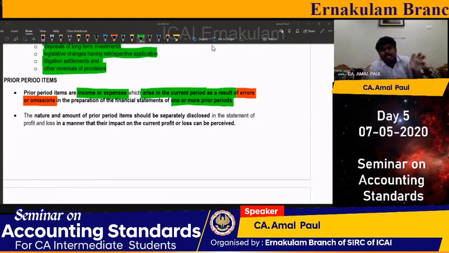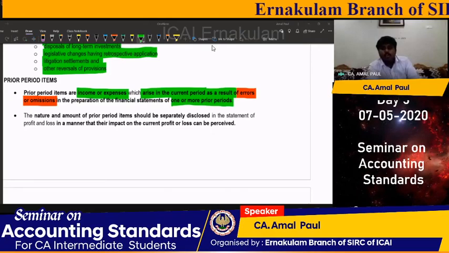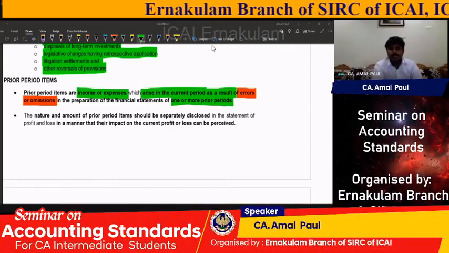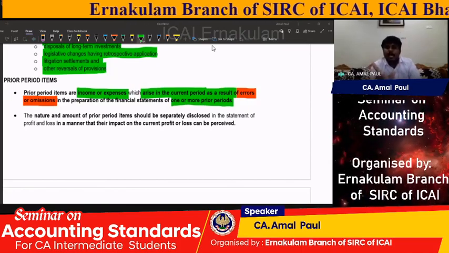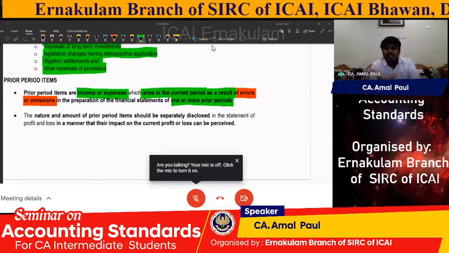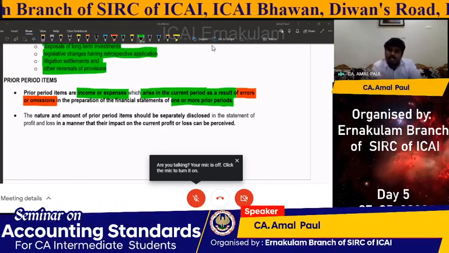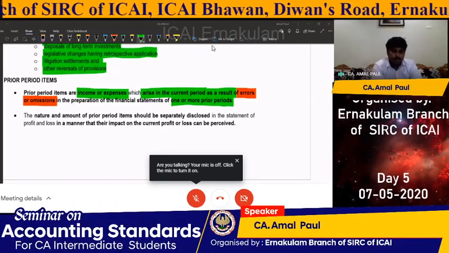For example, there is a loss due to fire in 2014. The claim was approved in 2016. You are accounting this in the 2016-17 financial year.